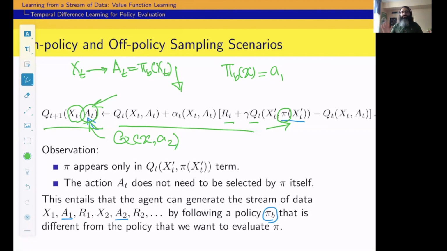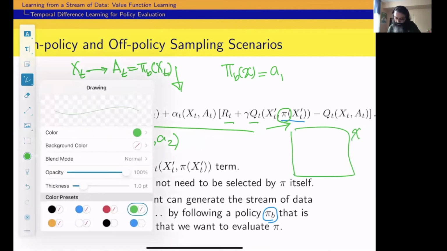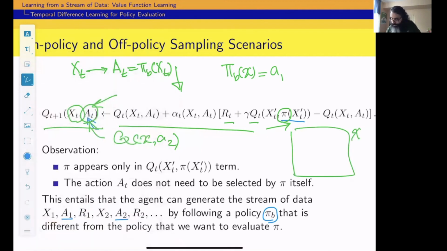Another situation is that some behavior policy might help us explore the environment better, going to all regions of the state space, but some of them might confine us to a specific region. If this is the state space, some agent following policy pi b1 maybe just stays around here.